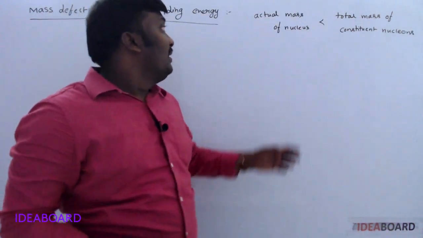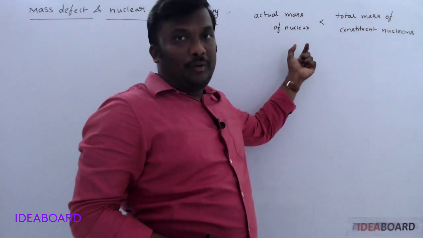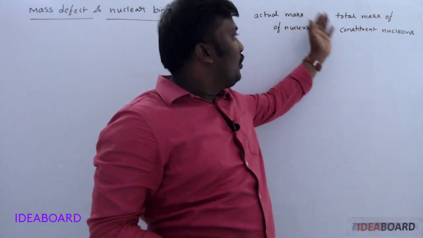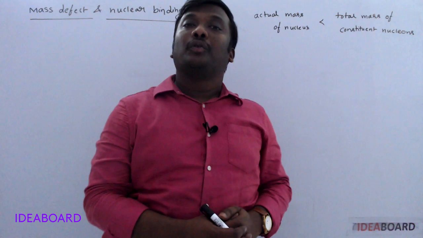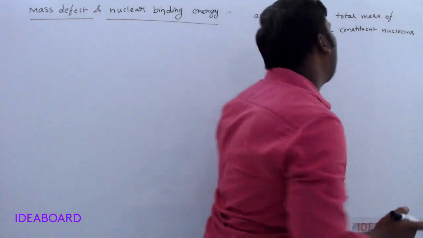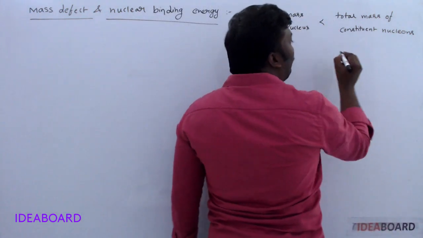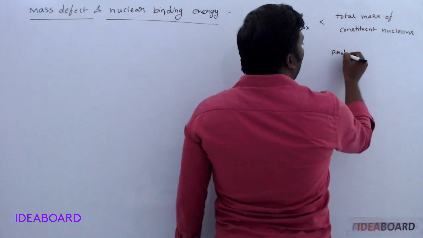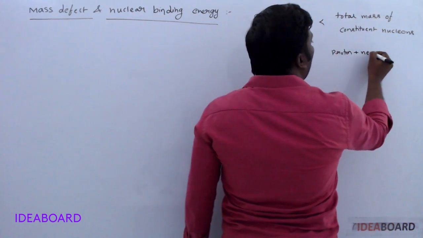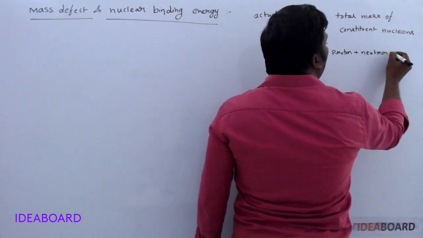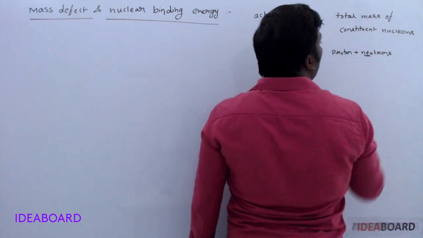What they found? The actual mass of a stable nucleus is always lesser than the total mass of constituent nucleons. Nucleon is nothing but, in a nucleus, the total number of protons and neutrons are combinedly named as nucleons.